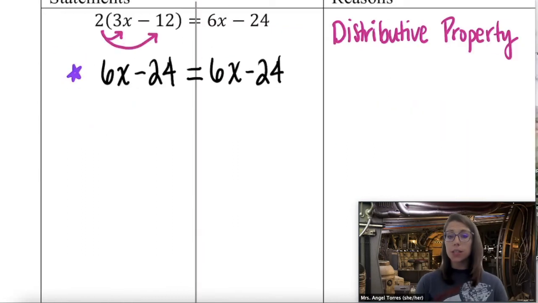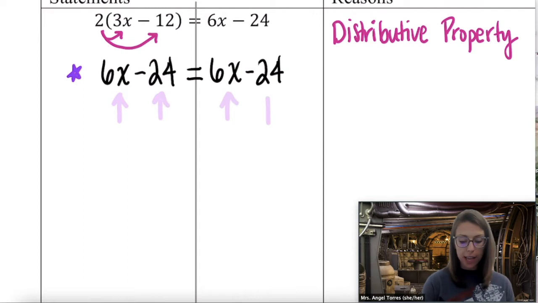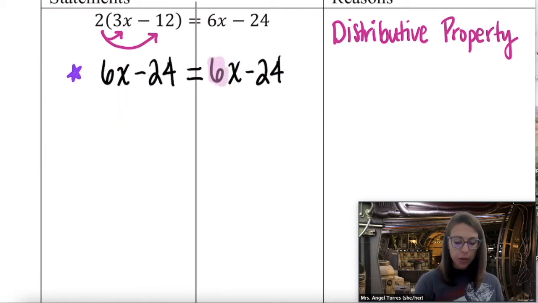If we were to continue solving this equation, I do notice that we have 2 terms on the left-hand side of the equation and 2 terms on the right-hand side, which means I need to pick one of these terms and change them into a 0. Now, I like to use the variable terms first. That way it gets all of my variable terms on one side.